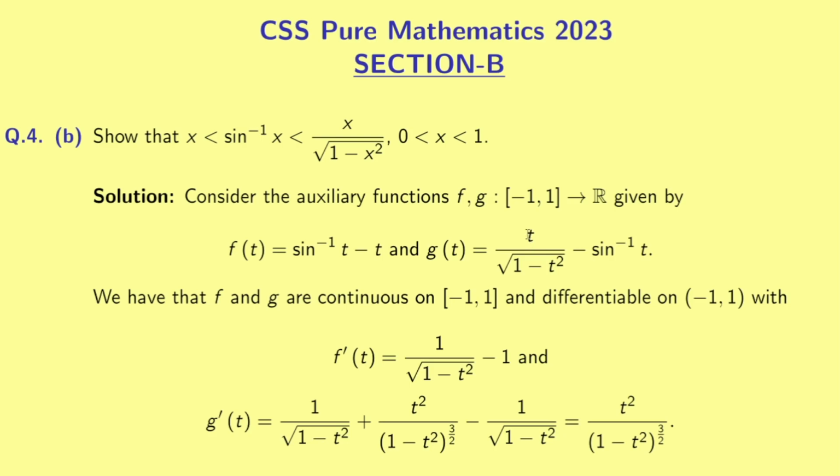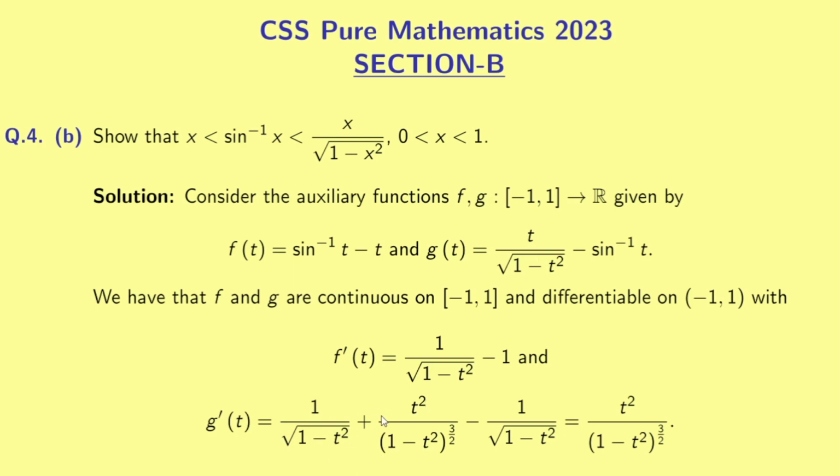we observe that this mapping t over the square root of 1 minus t squared can be seen as a product of t times 1 over the square root of 1 minus t squared. So we use the product rule. First we differentiate t and multiply it by 1 over the square root of 1 minus t squared.